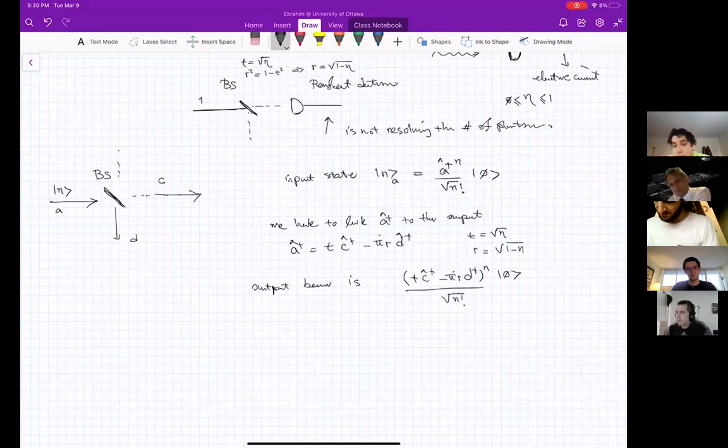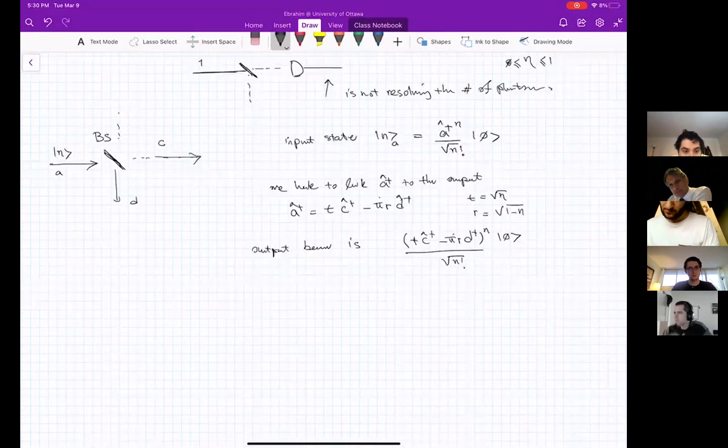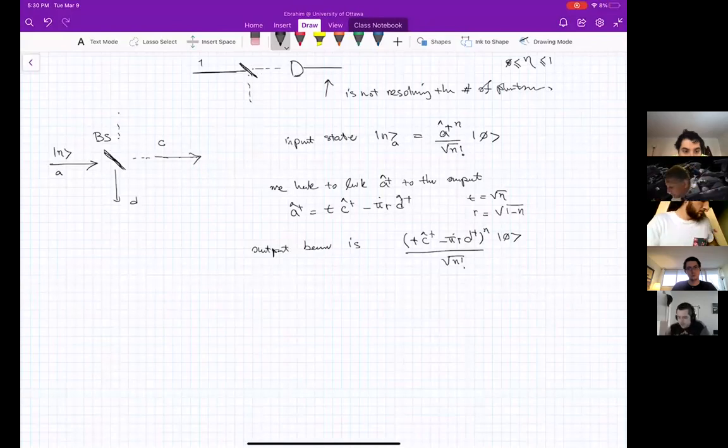Good? Okay, what I have to do is the expansion. And remember, C and D commute with each other, so I don't really care which one is first and which one is last. I can shuffle them together, ordering or anti-ordering is up to you. It doesn't matter because they commute with each other.